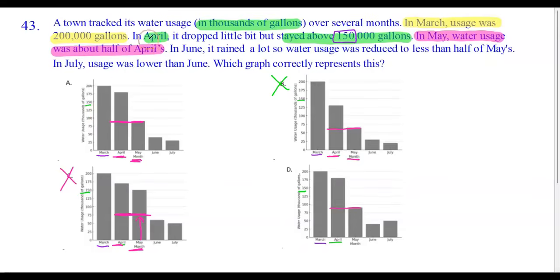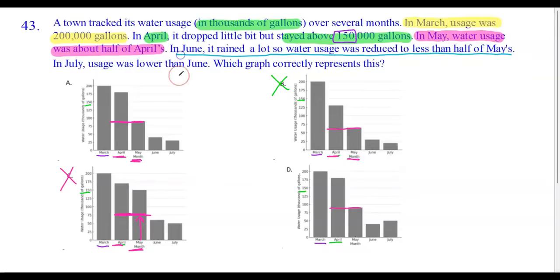Let's go to the next part of the sentence. It says, in June, it rained a lot, so water usage was reduced to less than half of May's. I find this sentence confusing right here. So you know what?